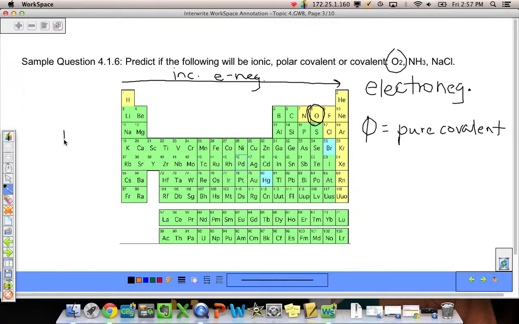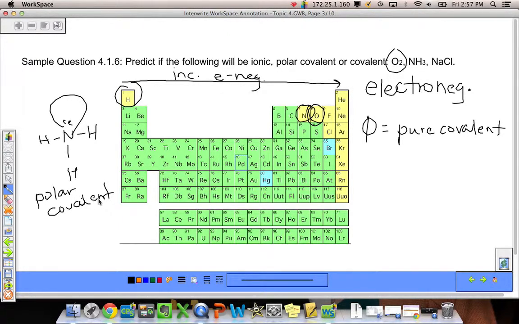In NH3, I have a nitrogen here, I have hydrogens here, I have an extra electron cloud here. This would be polar covalent. The electronegativities are not different enough for it to be ionic, but they're not exactly the same thing, so it's not pure covalent.